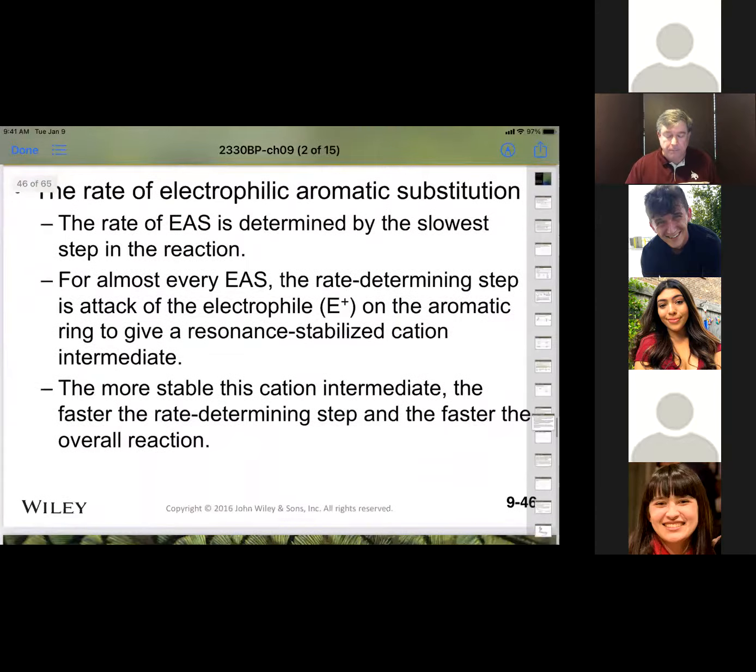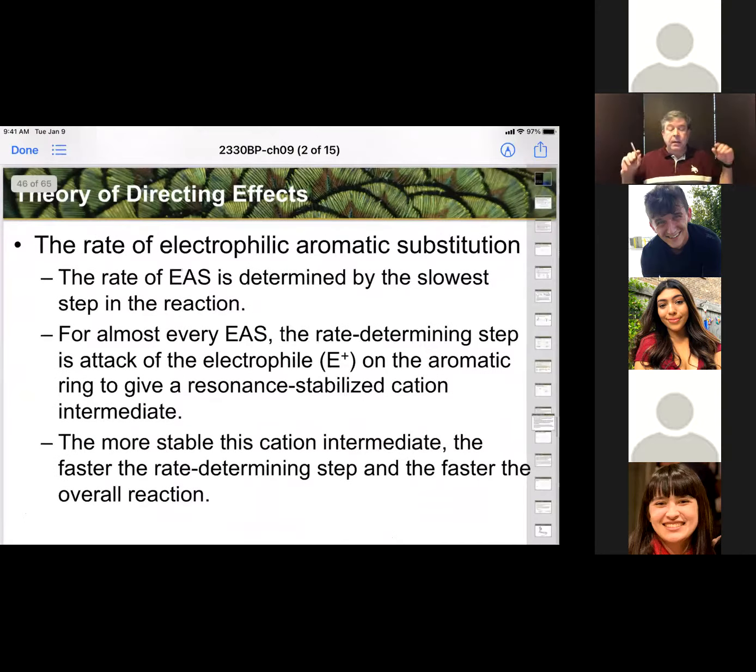Okay, so why it works is what I'm going to talk about now. Why are some things meta directors and some ortho/para directors? Notice they all had some kind of donation of electrons. And all the meta directors had some kind of partially positive or full positive charge.